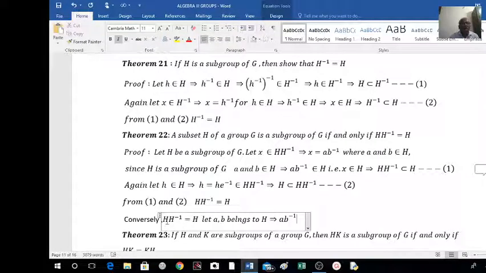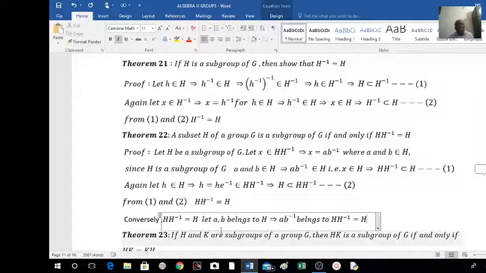It is given that H equal to HH inverse, right? A and B belong to H. A belongs to H here, and B belongs to H means B inverse belongs to H. So therefore A into B inverse belongs to HH inverse. And what is this HH inverse? This is equal to H.